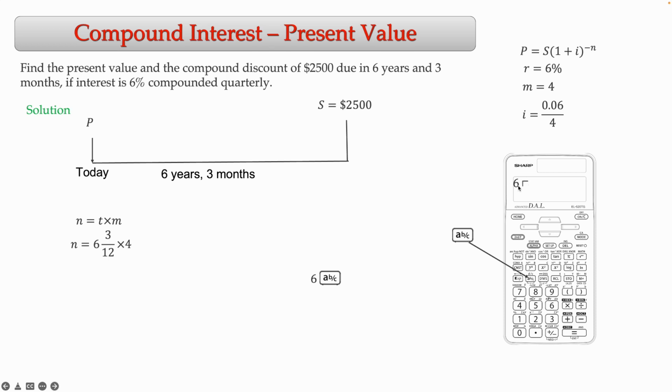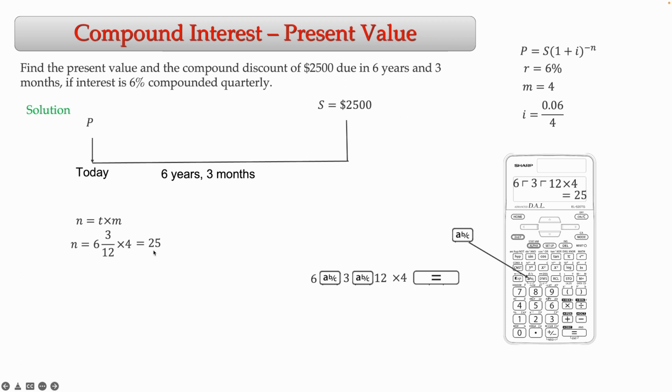Here I have amplified this. So 6, then the numerator 3, again the fraction key, over 12, so 12 is the denominator. Then multiply by 4, and press the equal sign, and that gives you the answer, 25. So n equals 25, which we already knew.